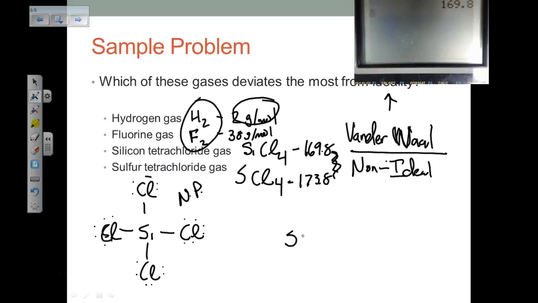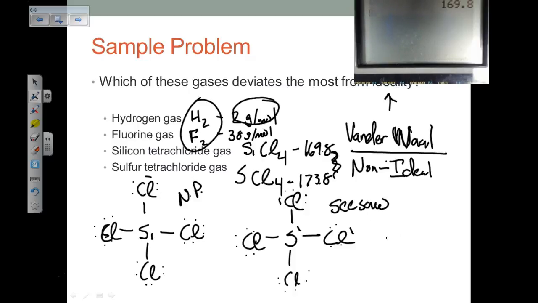If we have sulfur tetrachloride, which again is roughly the same size, you'll note that the molecule here, in this case now, is seesaw. This is seesaw, my favorite one, seesaw.